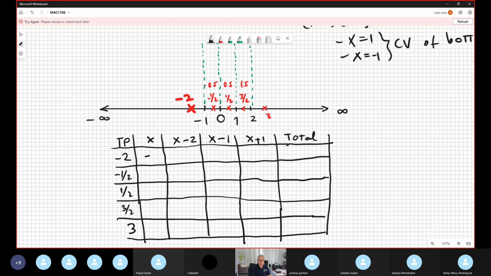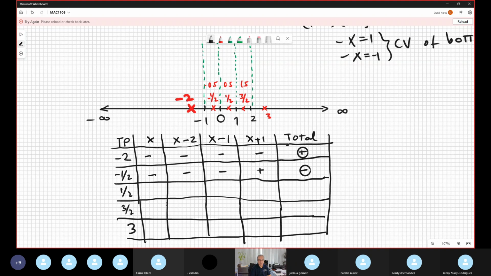This is minus, this will be right. This is -2, -2 is minus. This is minus again. This is minus, and 4 minus is positive. This is minus, this is minus, this is minus, this is plus. It's -1/2. It's +1/2. So this is minus.